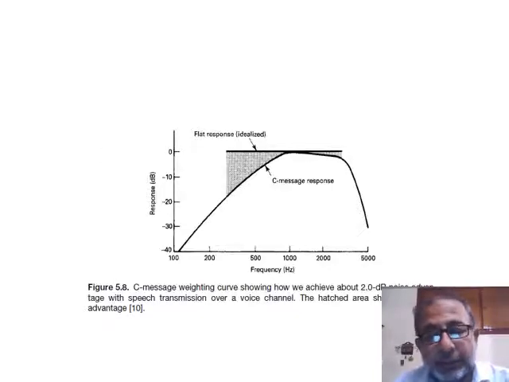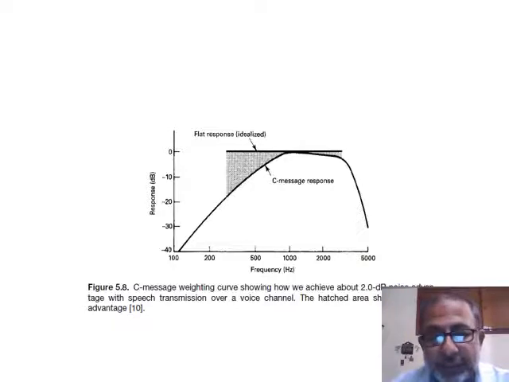Now what we do is that we introduce weighting, and this is an example in figure 5.8. You can see the weighting in which we try to make this response as flat as possible, and the hashed region in between the two curves, the straight line and the C message response curve, gives us the noise advantage.